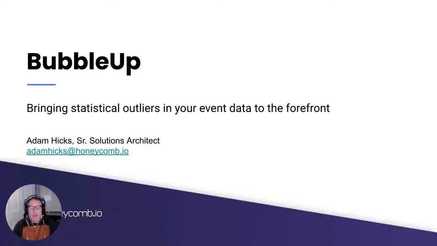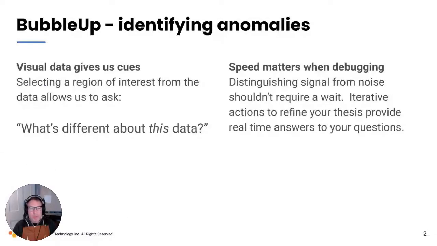I'm Senior Solutions Architect here at Honeycomb, and I'd like to talk to you about BubbleUp, or how we can bring statistical outliers in your event data to the forefront. So, what is BubbleUp? What are we talking about here? Really, the core thing that we're after is how we can identify anomalies quickly, areas of interest. We operate from a principle that visual data gives us cues.